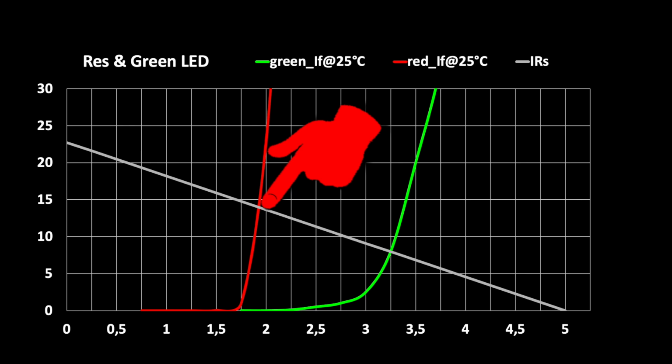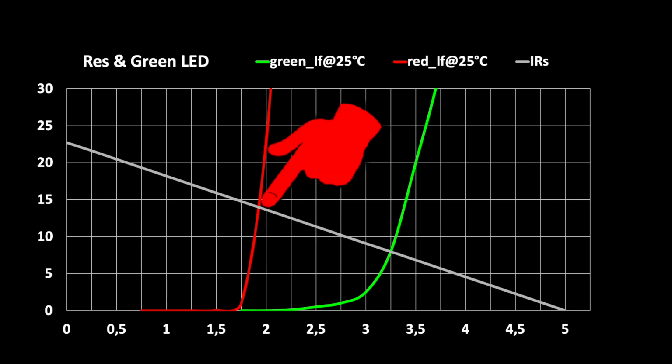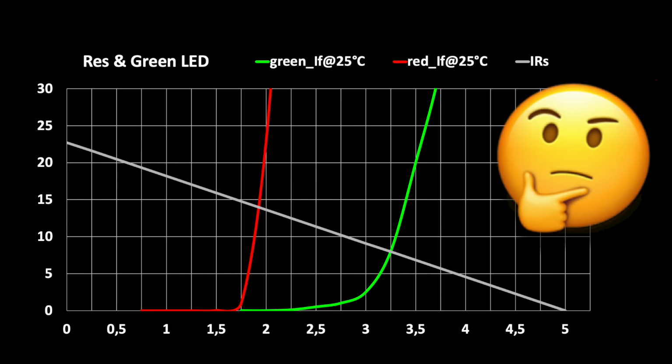At around 1.8 volts, the green LED doesn't light up because it's practically drawing zero current. Instead, the full current is flowing through the red LED. So, the first conclusion is that we cannot operate LEDs of different colors in parallel.